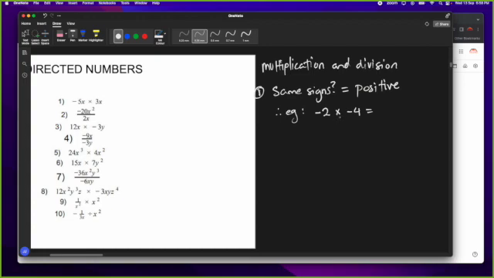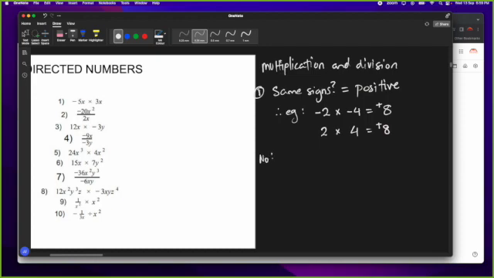Well, you'll get same signs, they're both negative, so 4 2s are 8, you'll get positive 8, right? If you had a positive 2 multiplied by a positive 4, well, guess what? The signs are the same, so you will still end up with positive 8. Oops, why did I put 4 there? Right?